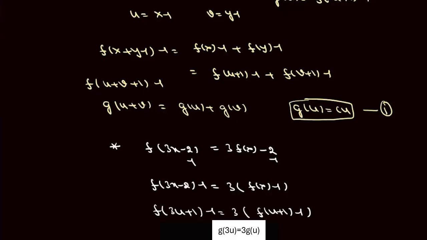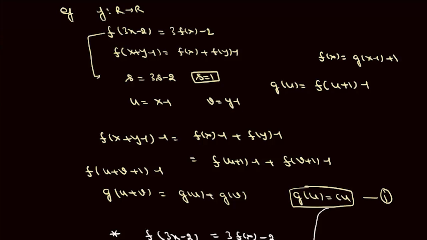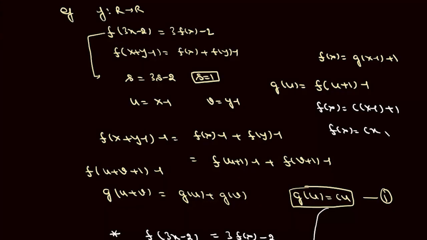So this is 3g(u) and this is 3cu. Now this solution satisfies the scaling equation. So g(u) is cu, and once we have g(u), we can write f(x) as c(x - 1) + 1. So your function f(x) will be cx - c + 1. And that is the answer to this question. So this is how we use linearization to solve functional equations.